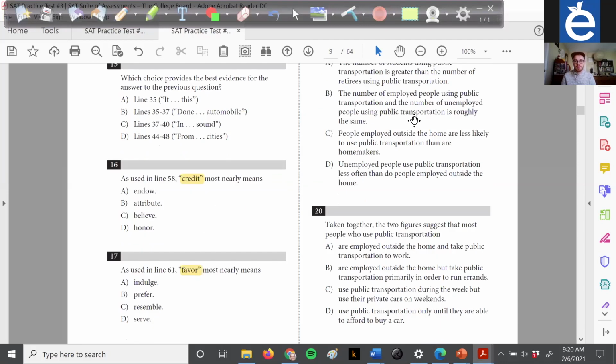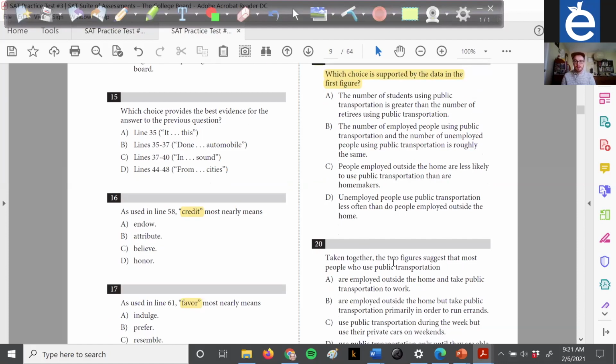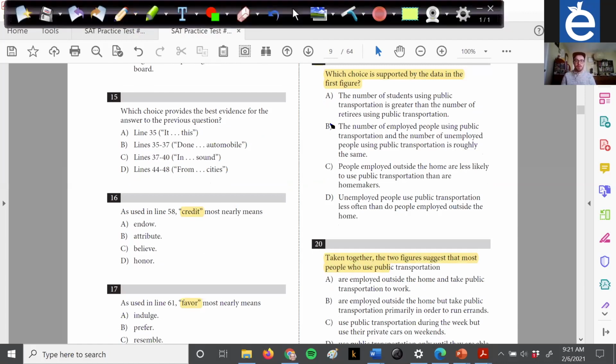We get to our first graph and data interpretation questions, asking about these figures in particular. Sometimes it asks about just one. Sometimes it asks about the two figures together, but these are both graph and data interpretation. Okay?